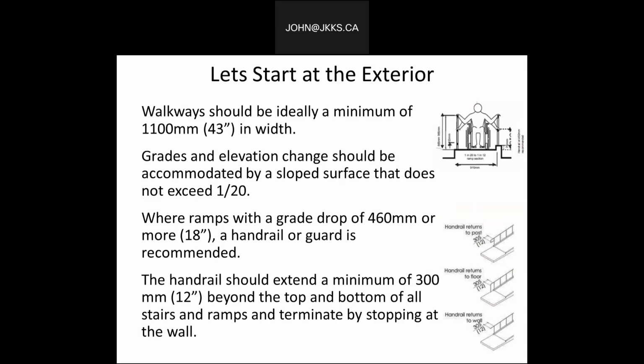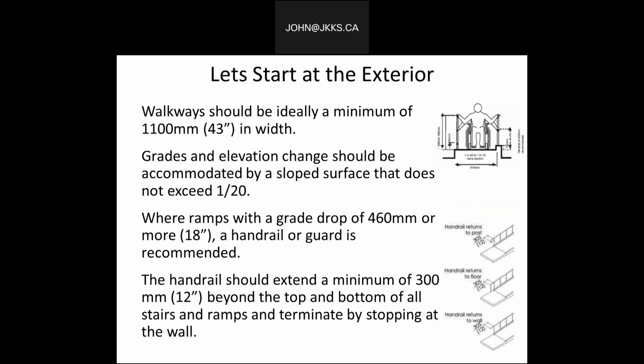If we take a look, we can see here is a little bit of, we'll call it detail or specifications for that pathway. Ideally, a minimum of 43 inches in width. Grades should be accommodated by a slope surface that does not exceed 1 in 20.